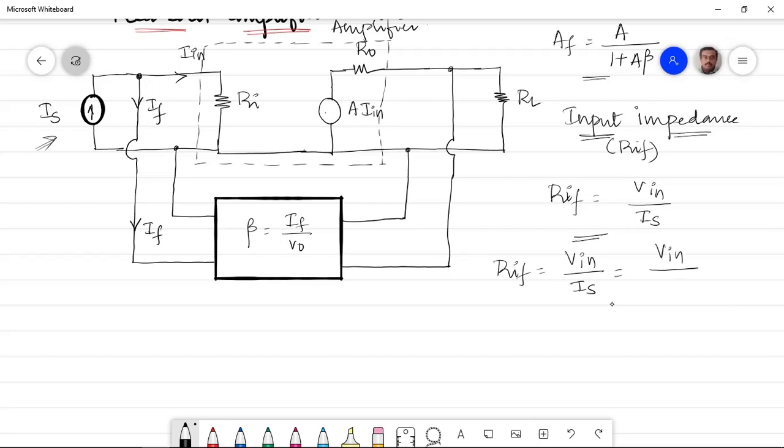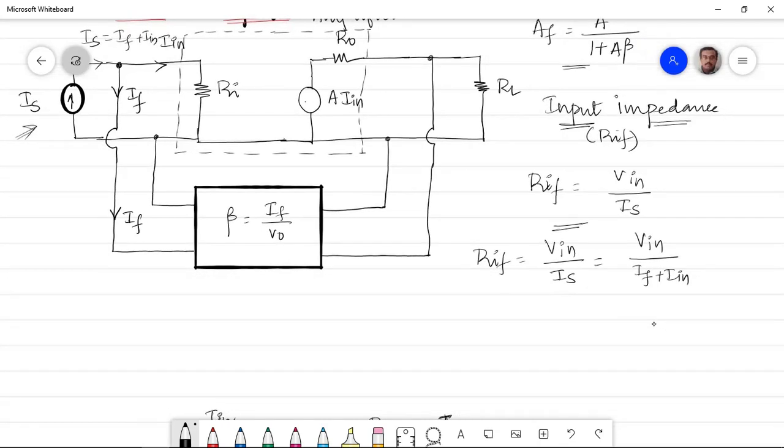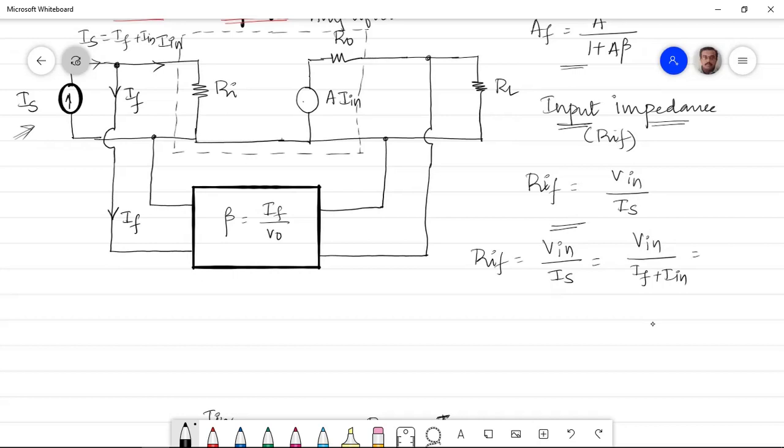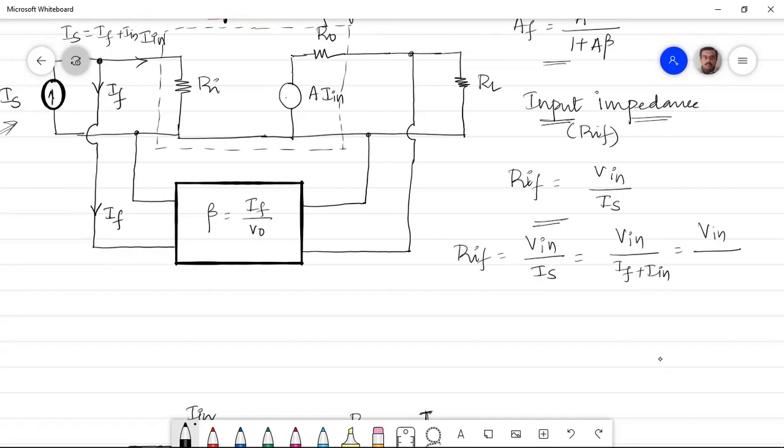now what is Is that I can write? I can apply the current formula here, in the sense the KCL. Is is nothing but If plus In. So I'll write this as If plus In. Further, I can write the expression for If as Vn divided by, If is nothing but beta times V0.